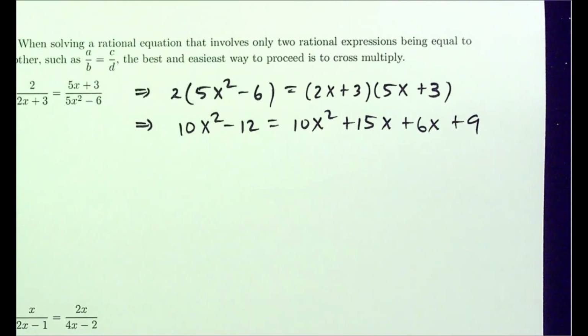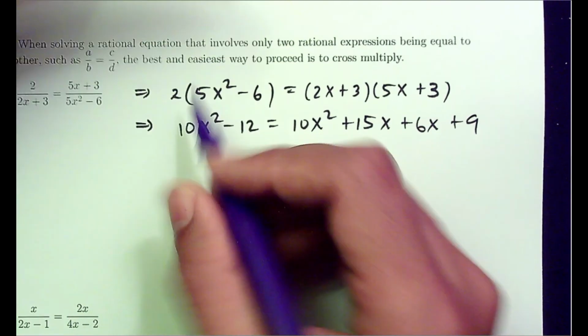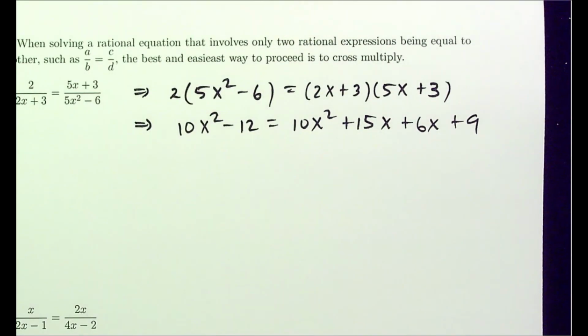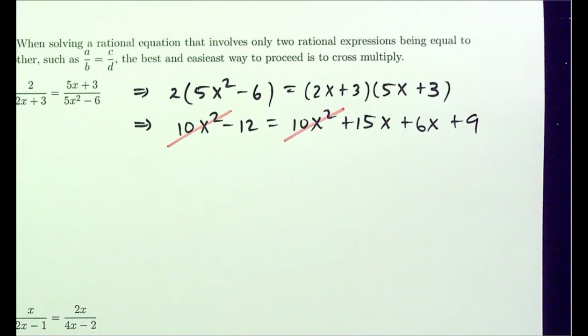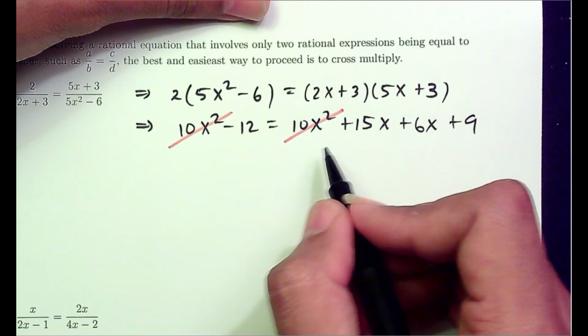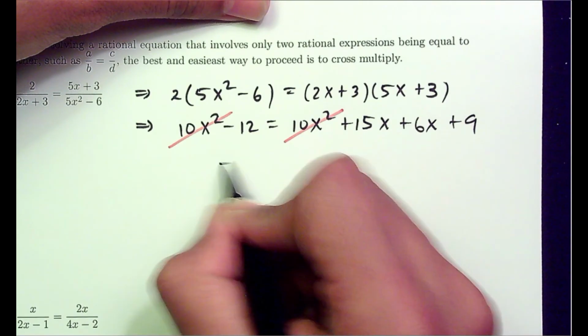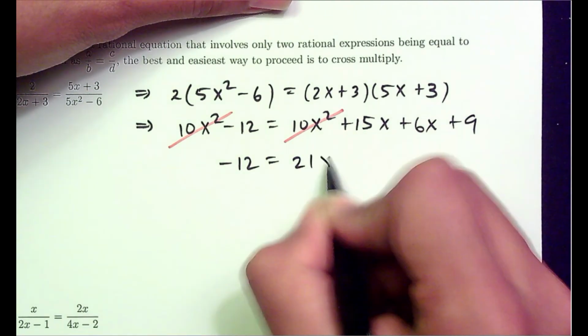The 10x squared is actually going to cancel when you move it to the other side. You're going to have 10x squared minus 10x squared, so they're going to cancel each other off. And then, what do you have? I have a negative 12. And then, what's that? That's 21x plus 9.